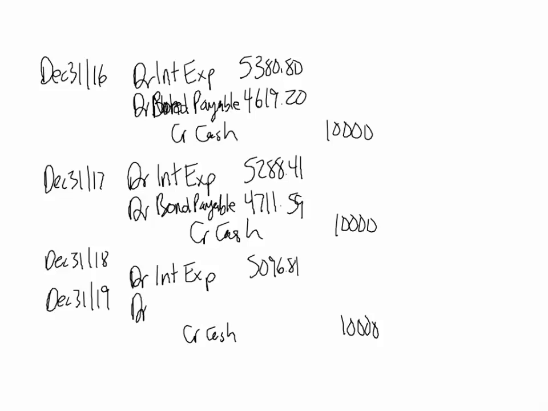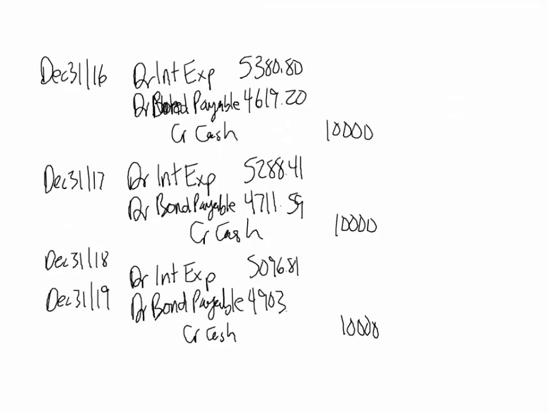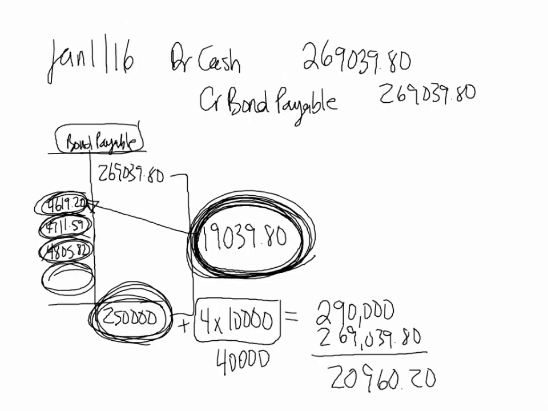And I'm going to do a debit to the bond payable of 4903.19. If we do that, this is now going to be equal to $250,000.